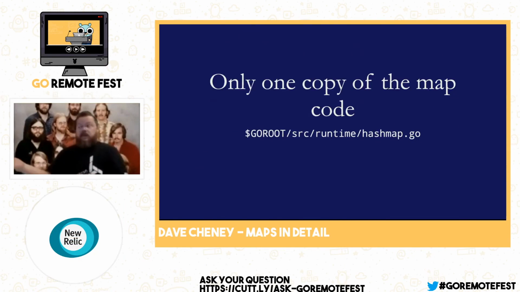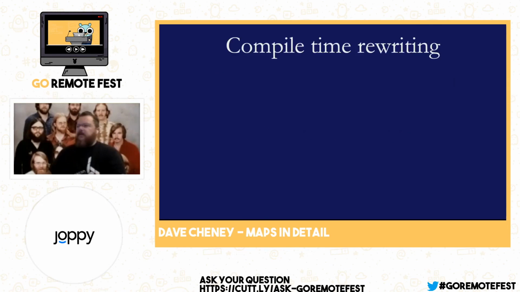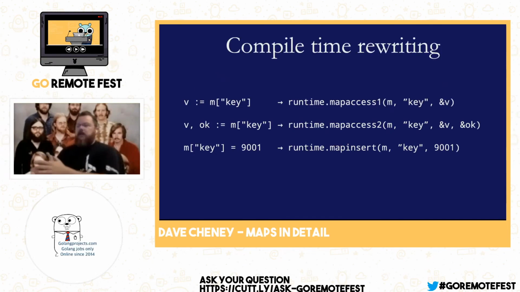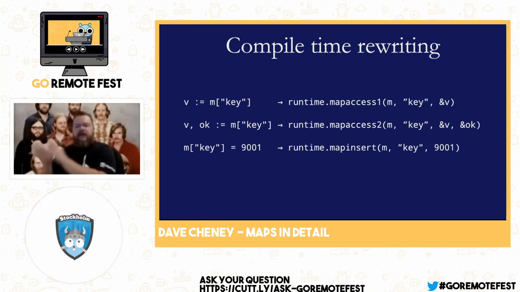As I said, there's the code for Hashmap. This is all you need. The runtime doesn't change depending on the types; you notice that it isn't called map access string to int or something like that.